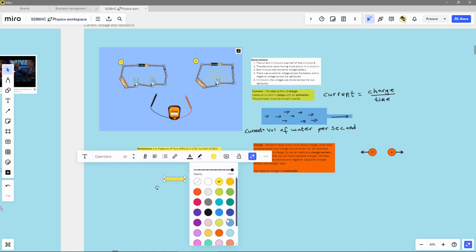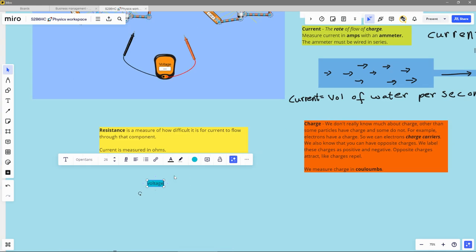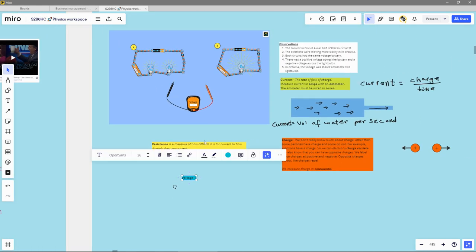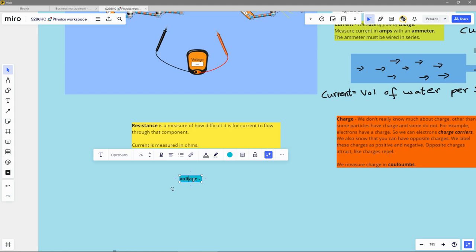I'll do that in this blue color. So voltage. We said that it's like the energy that the charge is being given, or the energy the electrons are being given, and now I can be a bit more precise. Voltage is the energy per charge.